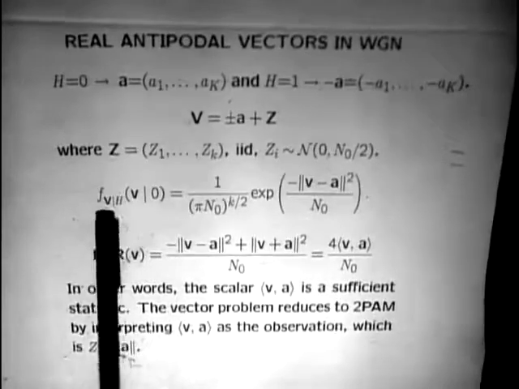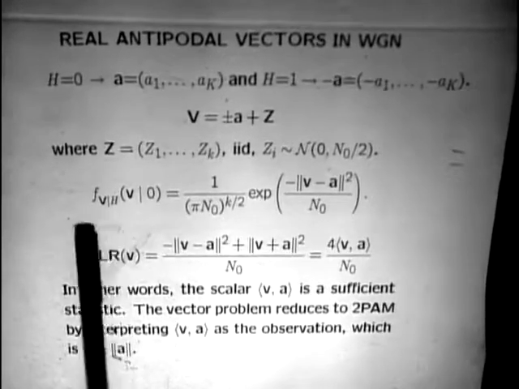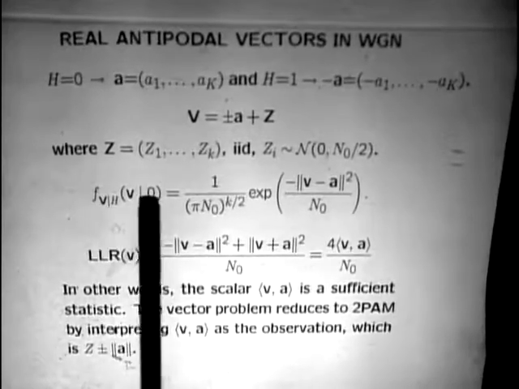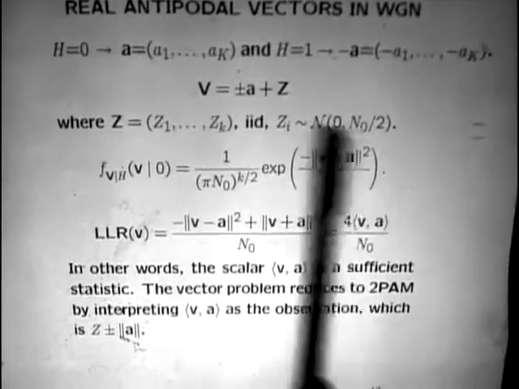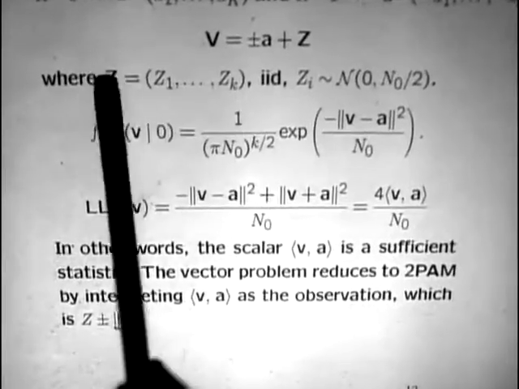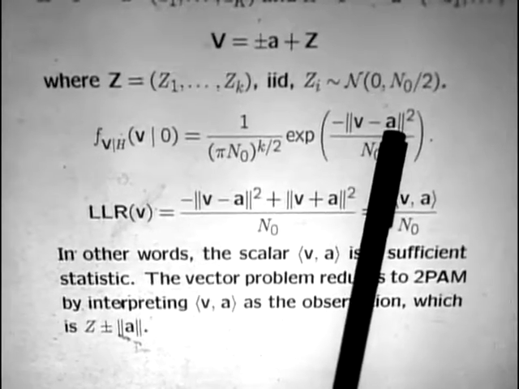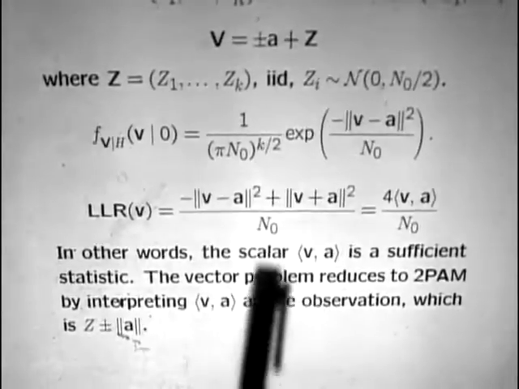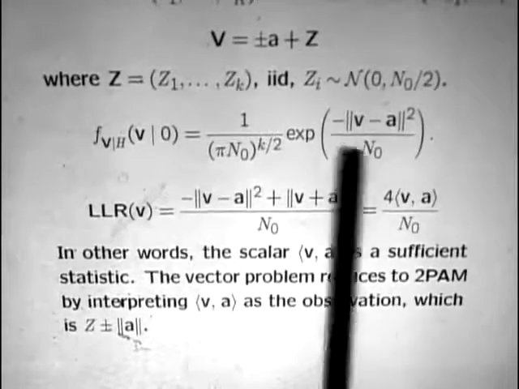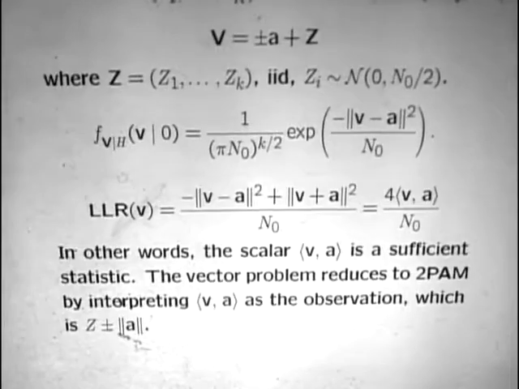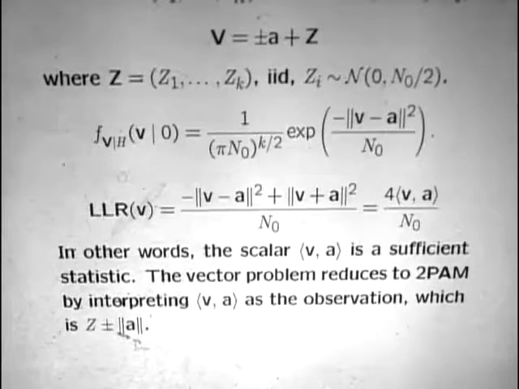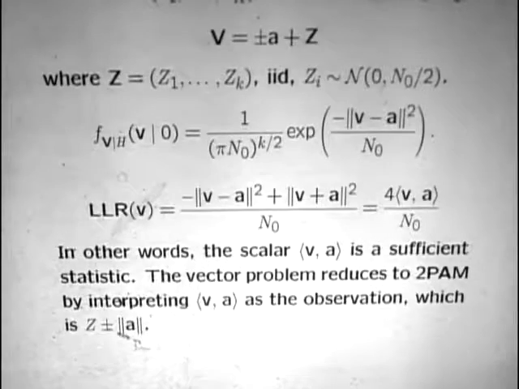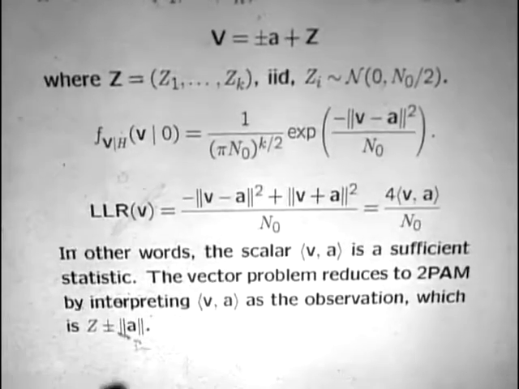So the conditional density, the likelihood of this output vector given 0, is just this density of z shifted over by a. So it's what we've talked about as the Gaussian density, which is just the energy in v minus a, is what that turns out to be.